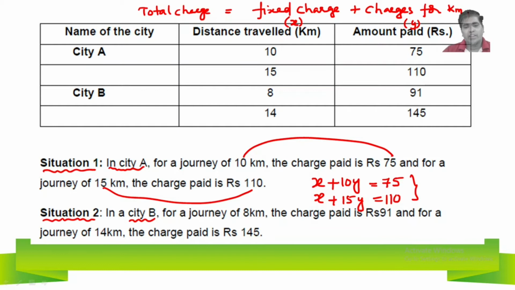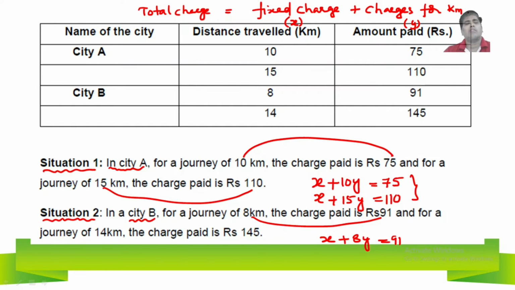In case one, for 8 kilometers, they are paying 91 rupees. It is based on the fixed charge plus the charge per kilometer. For 8 kilometers, that is x plus 8y, which is equal to 91 rupees. In case 2, 14 kilometers he has traveled and he is paying 145 rupees.